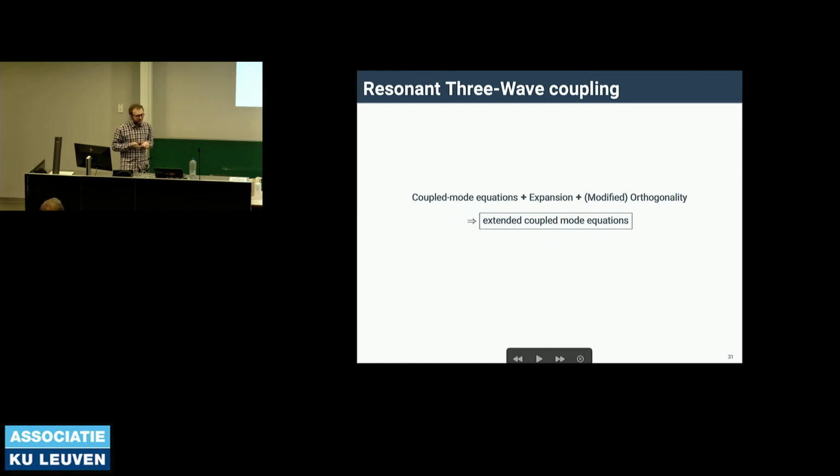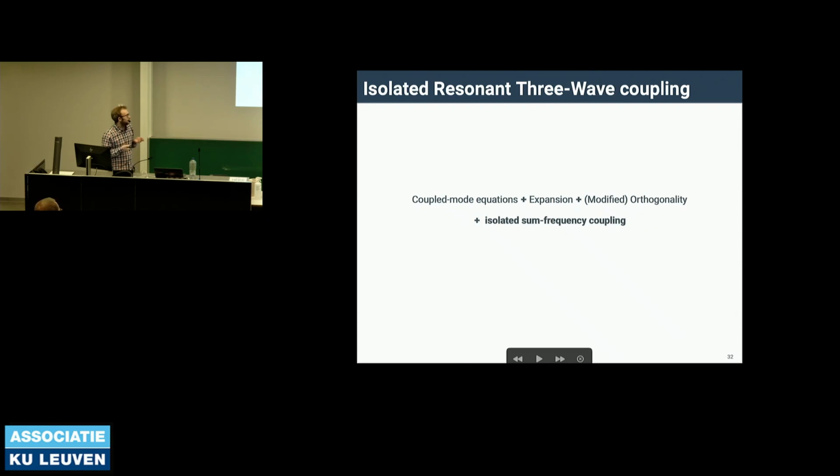So in order to simplify that analysis, we have to make one more assumption, and that is that we're dealing with isolated sum frequency coupling, in the sense that the interactions between the modes in your sum frequency resonance are strong enough, much stronger than the interactions with all other modes, that we can neglect these interactions with all the other modes.